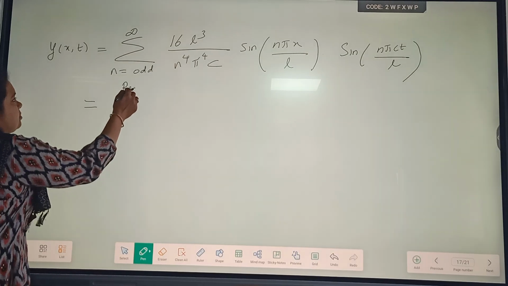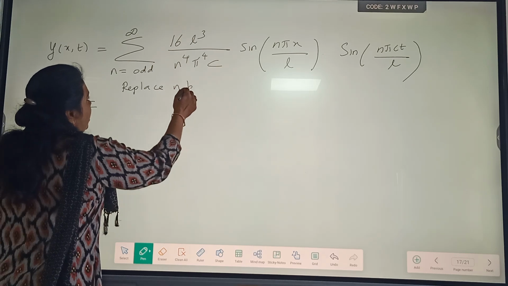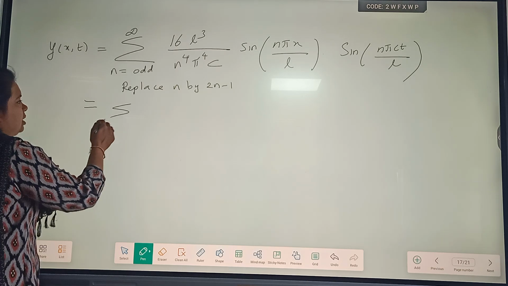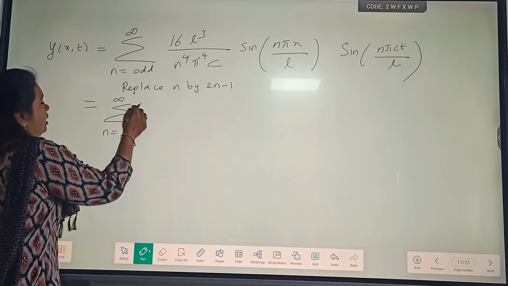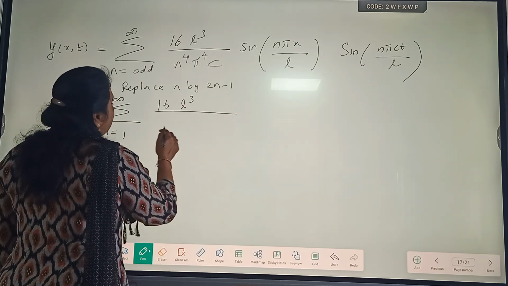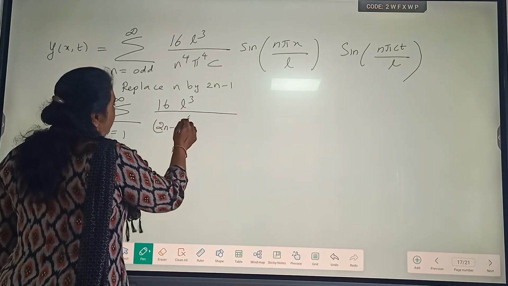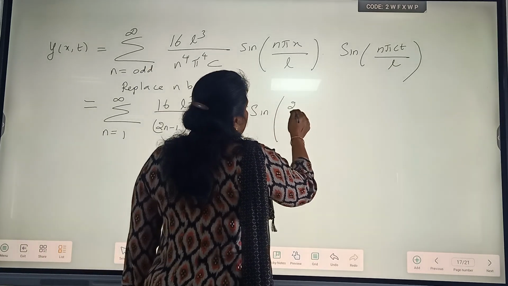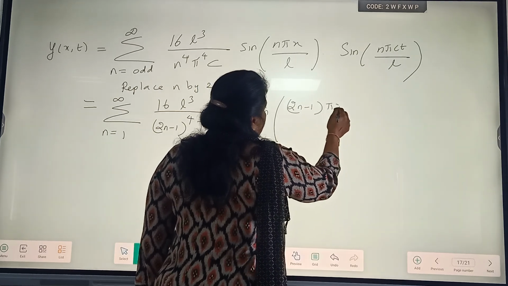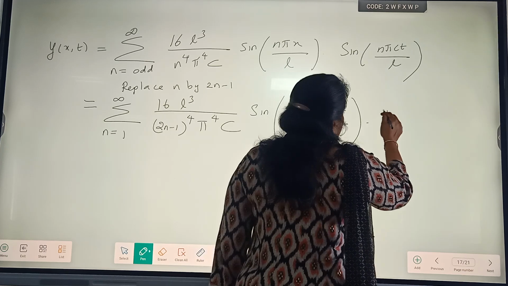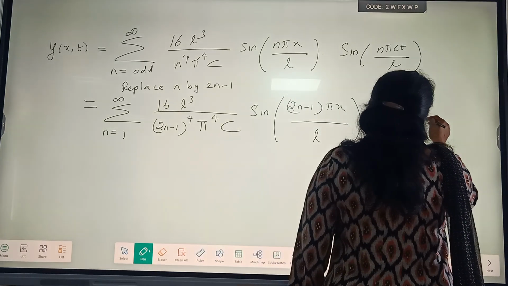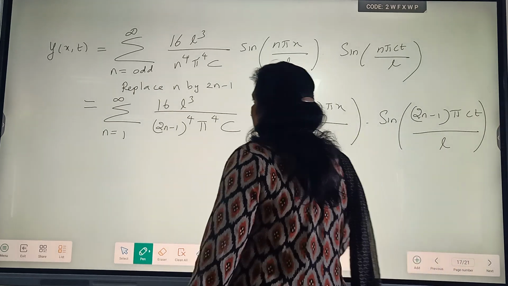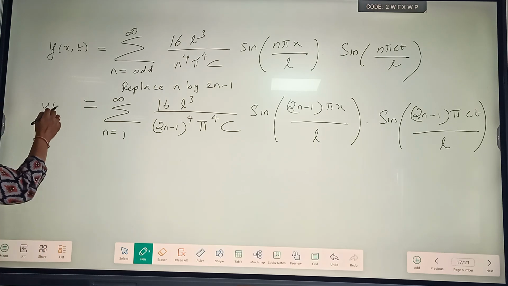So replace n by 2n minus 1 because it is an odd number. So summation n equal to 1 to infinity, 16 L cube by 2n minus 1 the whole power 4 pi power 4 c, sine of 2n minus 1 pi x by L, sine of 2n minus 1 pi ct by L. So this is the solution.